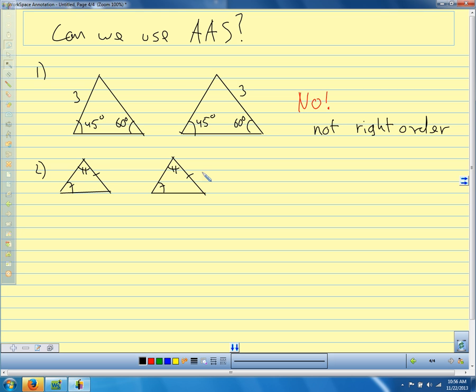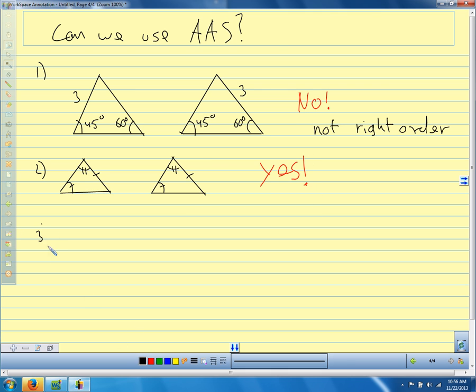Can we use angle, angle, side here? We think yes? Angle, angle, side. The side that's congruent is next to the angle with 2 tick marks. So everything matches up in the right order. If I move this triangle over here and put it right on top of this one, all the pieces would match up in exactly the same way. So we can say yes, this would be an angle, angle, side triangle.